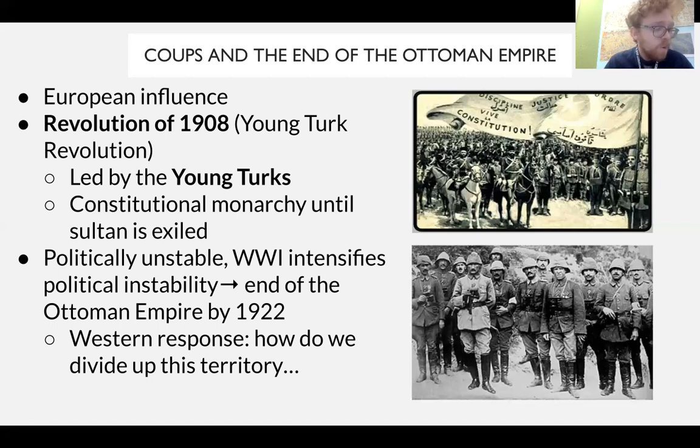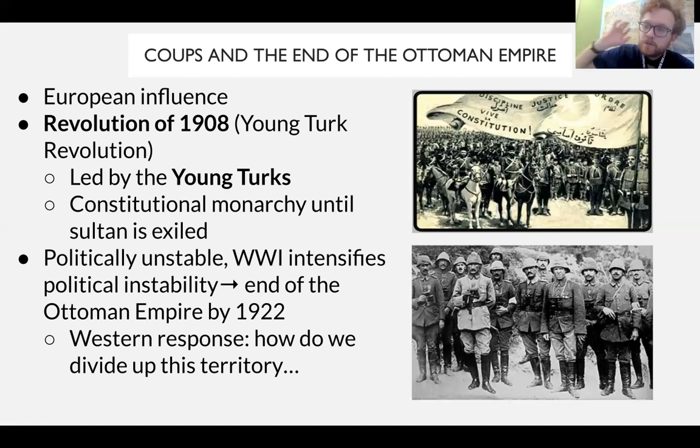However, this is going to open the door for a lot of political instability in the Ottomans. Who is going to replace the Sultan? Is it going to be the civilian government or will it be the military government? The military government tends to win, led by these Young Turks.